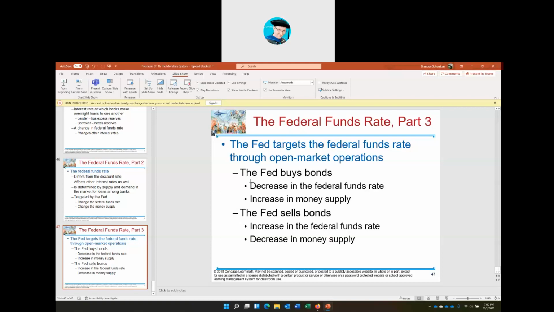And look at that, we ended right on time. 7 o'clock. Are there any comments, questions, concerns? Anything at all? I know this chapter was a little bit more boring than others. But are there any comments, questions, concerns?